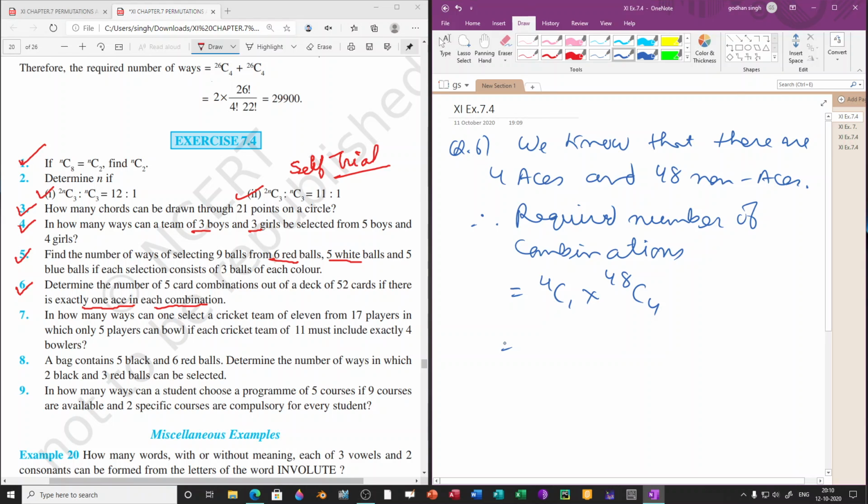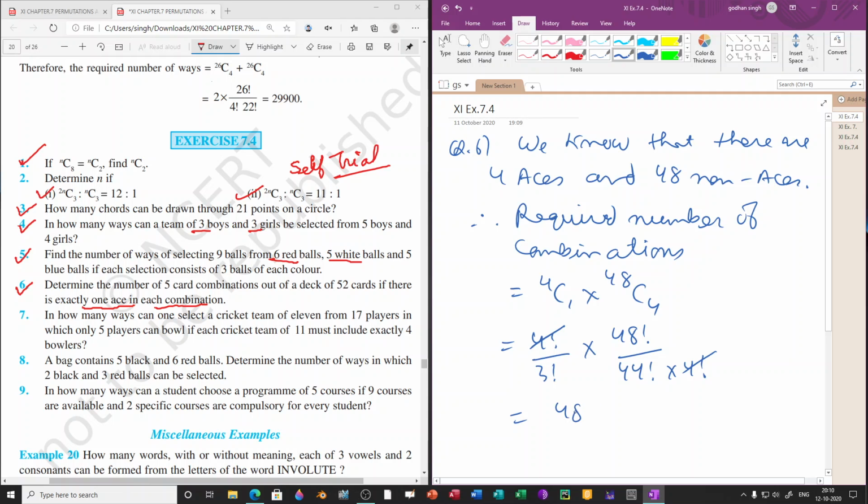So simplifying this, equal to 4C1, that is 4 factorial over 4 minus 1, that is 3 factorial into 1 factorial, that is 1, into 48C4, that can be written as 48 factorial over 48 minus 4, that is 44 factorial, into 4 factorial. Because 48 factorial is bigger than 44 factorial, we will just split it up.